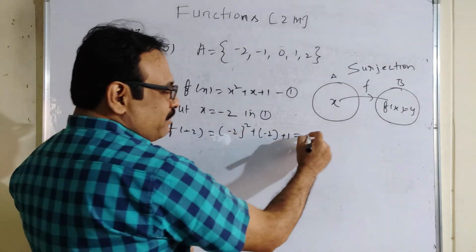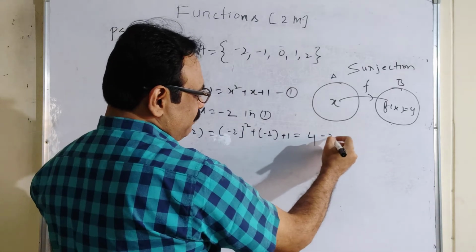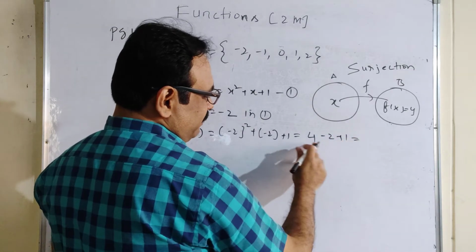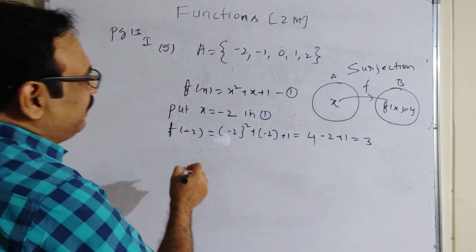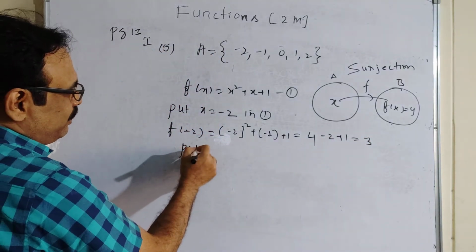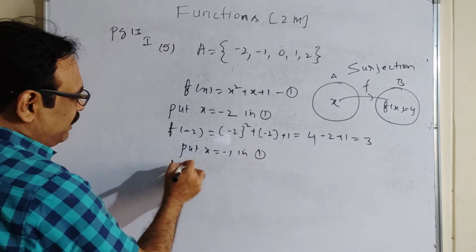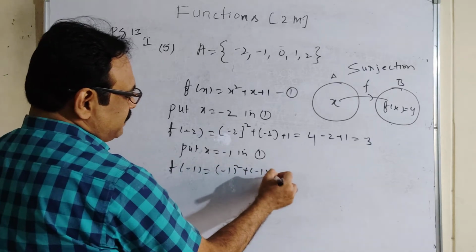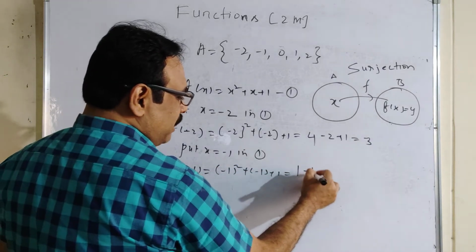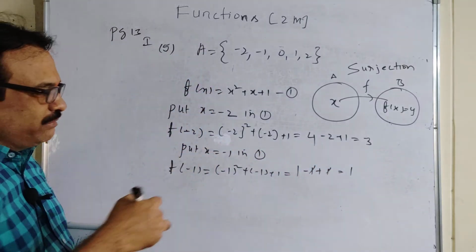Minus in the square will become plus, 2 square is 4, 4 minus 2 plus 1, that is 3. Now put x is equal to -1 in result 1. You are getting f of -1, this is -1 whole square, minus 1 plus 1, minus 1 plus 1 cancel, the result is 1.